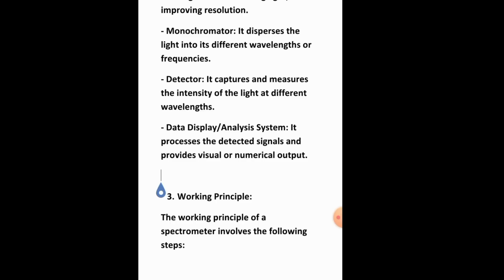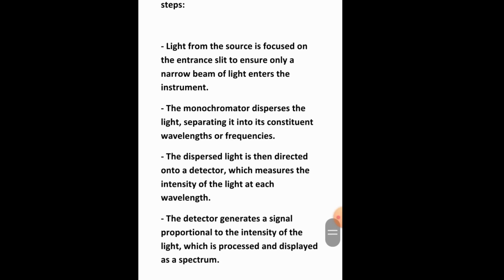Working principles. The working principle of a spectrometer involves the following steps. Light from the source is focused on the entrance slit to ensure only a narrow beam of light enters the instrument. The monochromator disperses the light, separating it into its constituent wavelengths or frequencies.